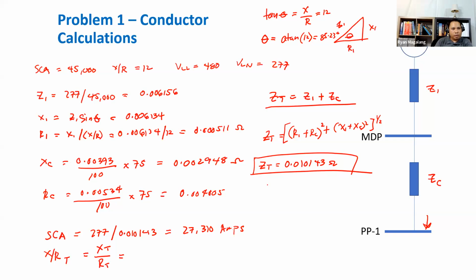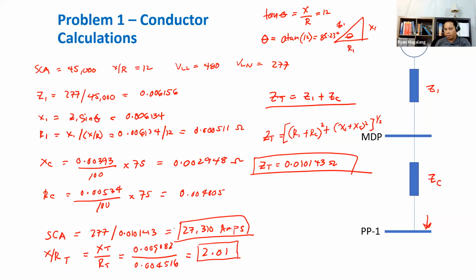My XT is 0.009082 divided by 0.004516. And now my new X over R is this. So I got my short circuit amps, and I got my new X over R value for a fault here.